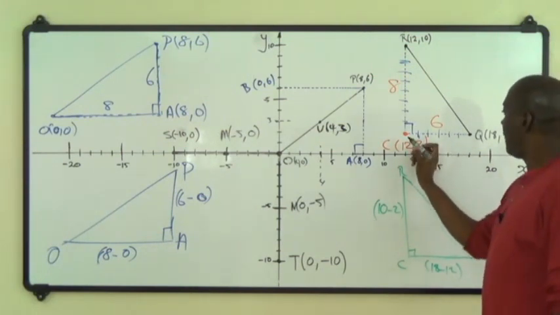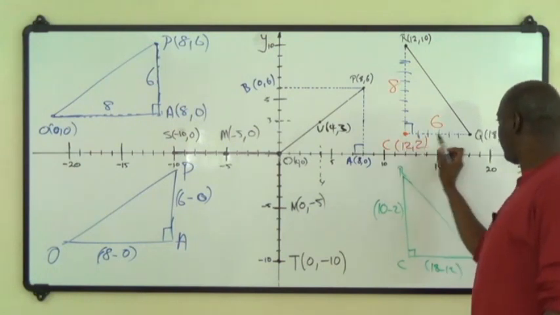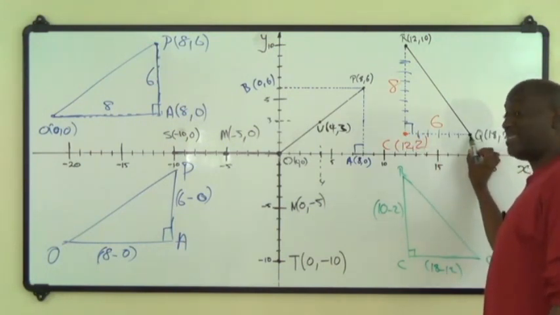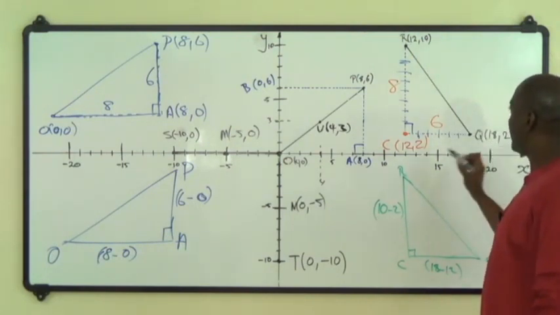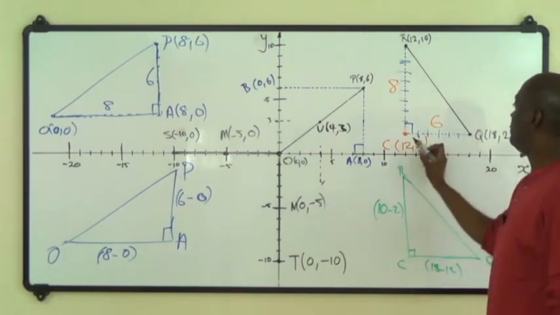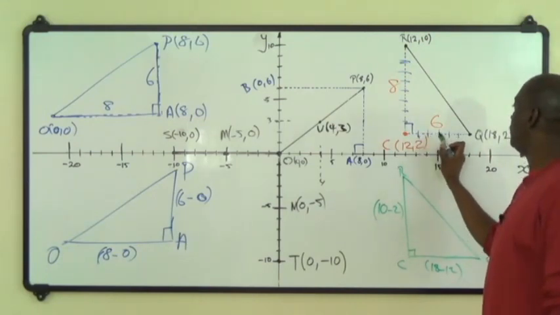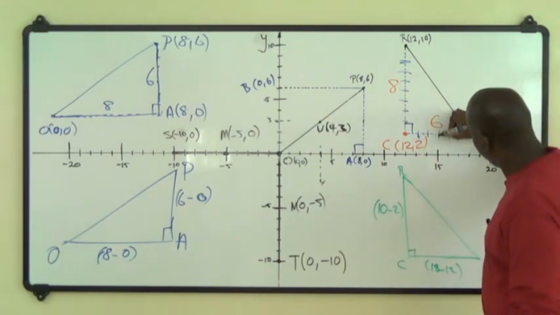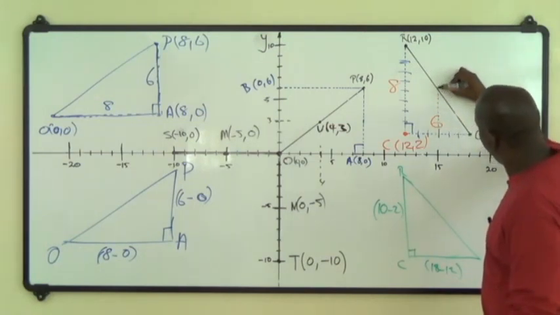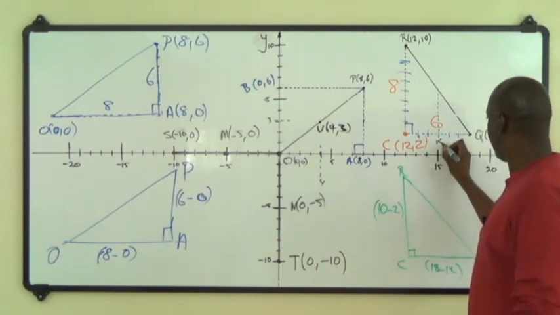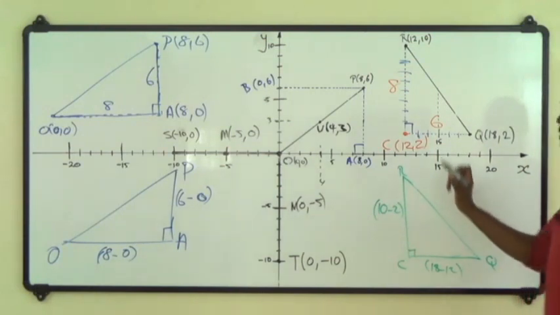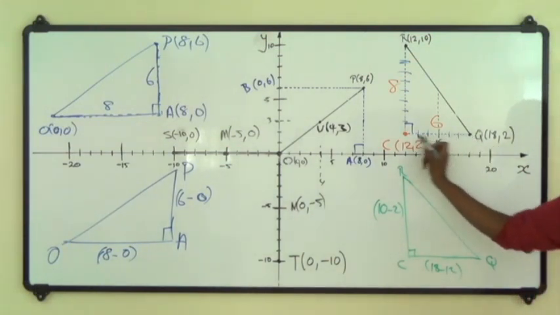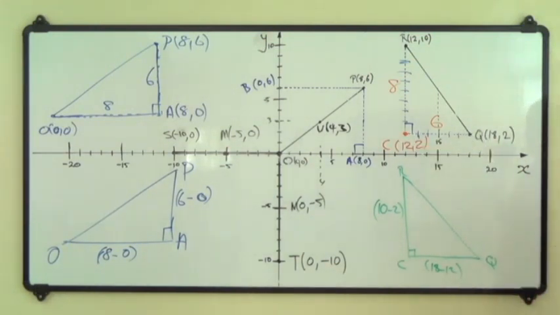In the same way that we move from 12 to 18, which is a movement of 6 units, to get from this end to this end, we expect that at the midpoint we'll be moving 3. It's not exactly drawn to scale. So this would be 15, which makes sense. 12 to 15 is 3, 15 to 18 is 3. 12 to 18 is the entire distance from this point to this point.